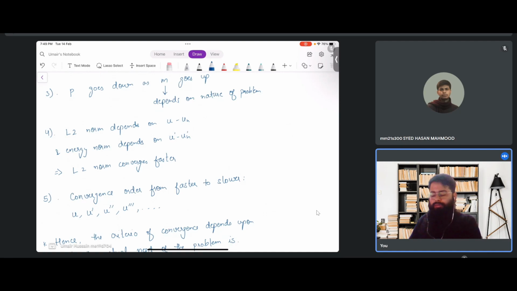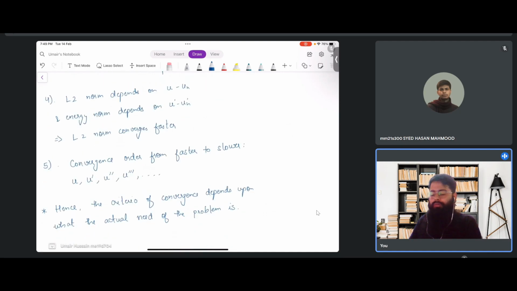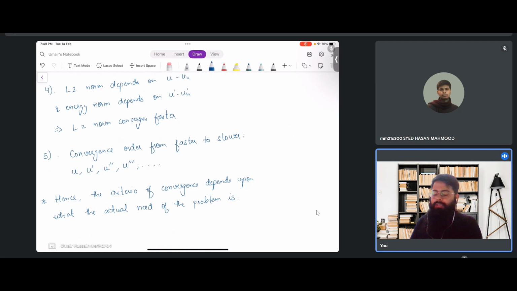So if we are solving a problem, we don't just stop after seeing the error in the solution. Suppose for solution U, we don't just check when U is converging, since it would converge much faster. If in any problem the result we are concerned about is the first or second order derivative of the solution, then we would need to check their convergence also.